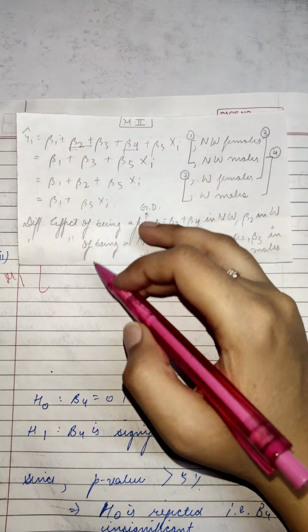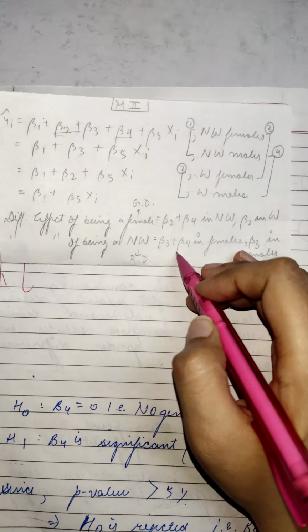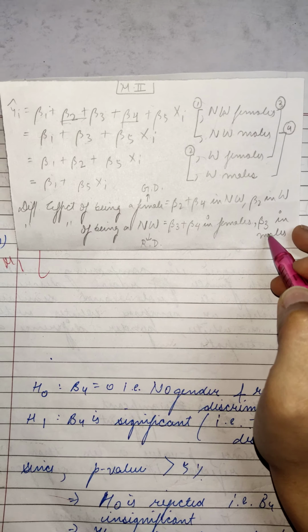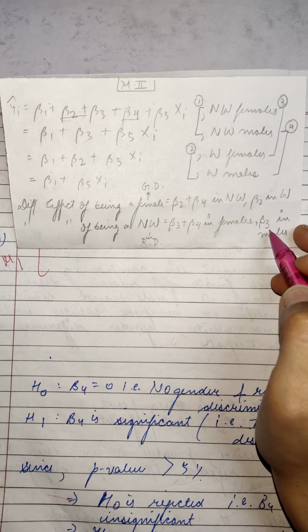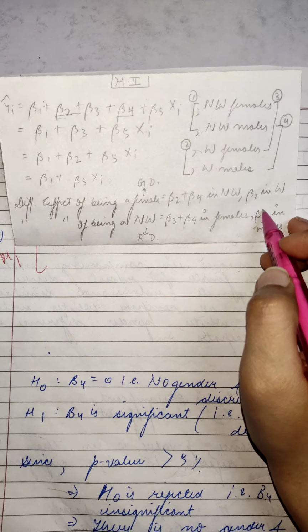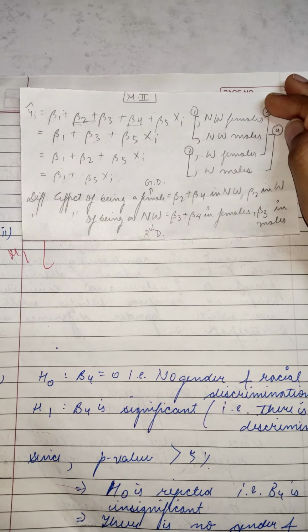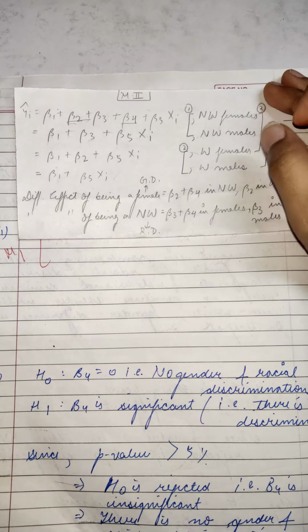So the differential effect of being a non-white is beta 3 plus beta 4 in females and beta 3 in males. So clearly I have a good result. The interactive dummy has done a good job in bringing up the gender and racial discrimination. So that was about part 2. Let's see what part 3 says.